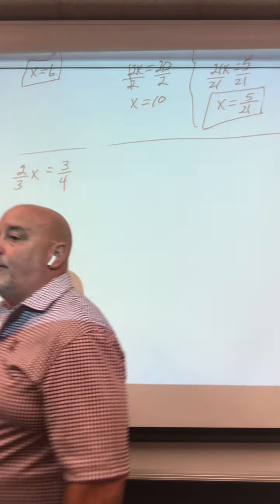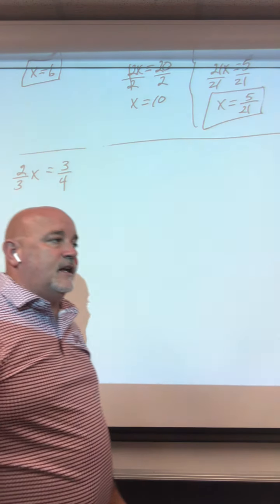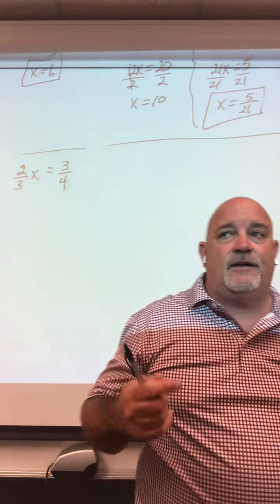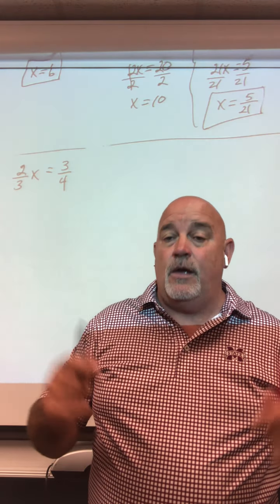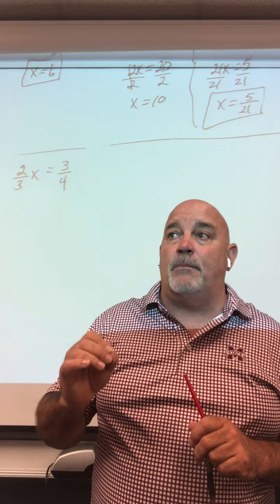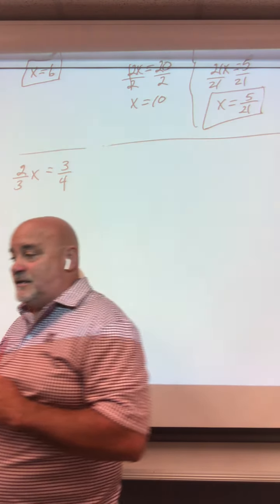What makes this different is if you'll look, I have a dividing 3 and a dividing 4. Well, to get rid of a dividing 3 and a dividing 4, you can't multiply both sides by a different number. So I've got to multiply by a number that's big enough that they both divide evenly into.